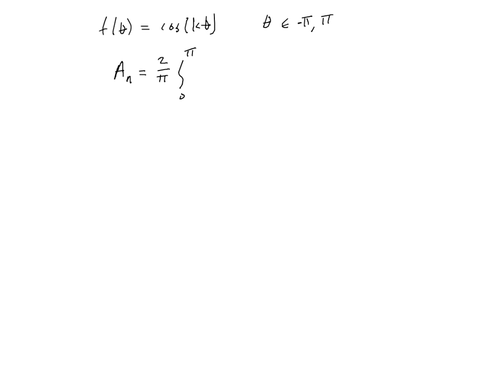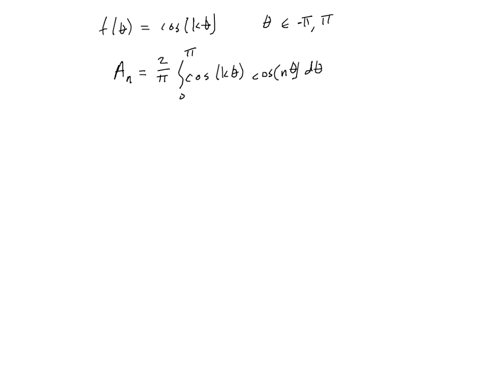We're using the symmetry about 0, so instead of integrating from minus pi to pi, we just integrate half of that and multiply by 2. And then you have your f of theta, which is cosine of k theta, and then cosine of n theta d theta.